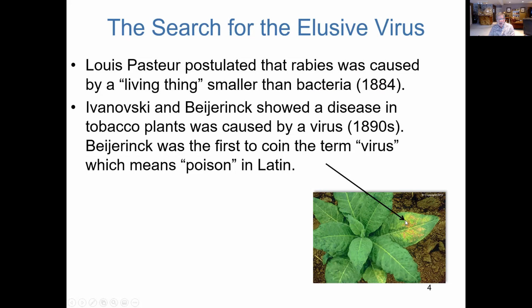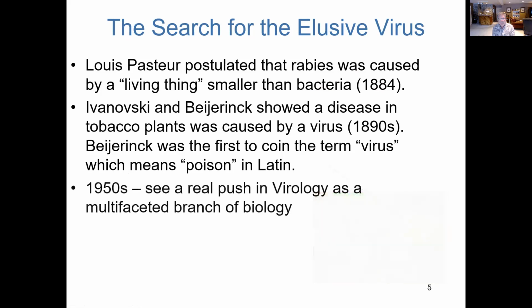This is due oftentimes to viruses. This happens to be what's called the tobacco mosaic virus. They were working on tobacco plants, obviously, and they were the first, at least this fella here was the first to coin the term virus, meaning poison in Latin.